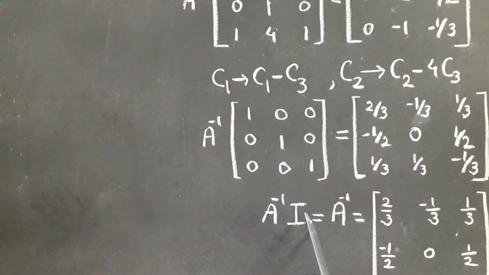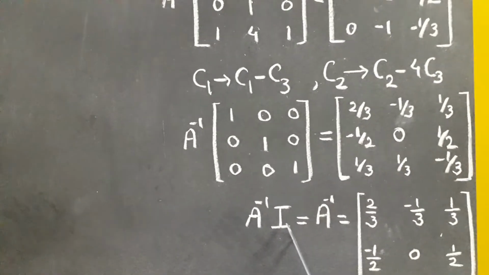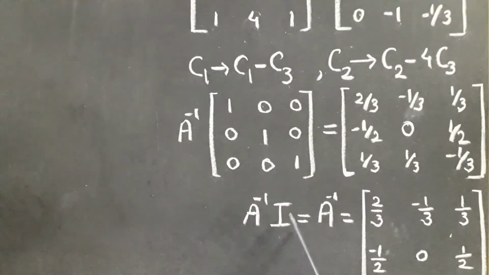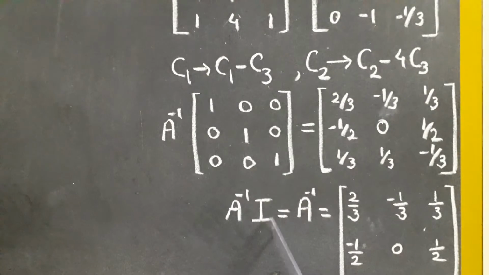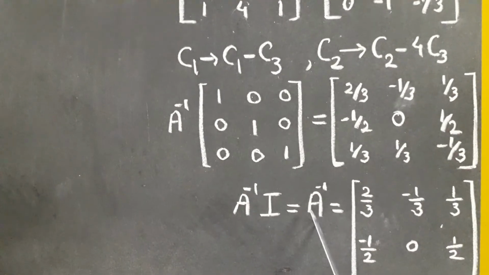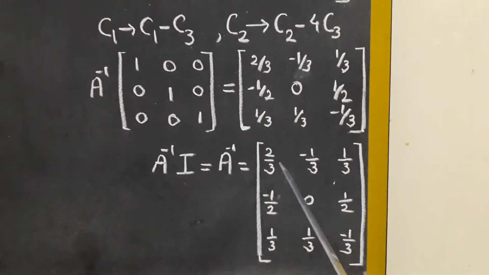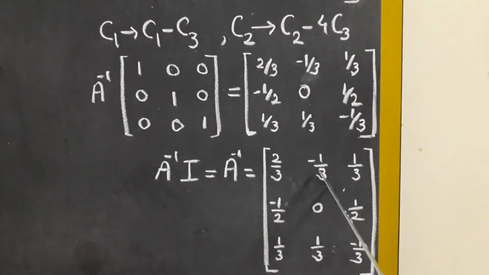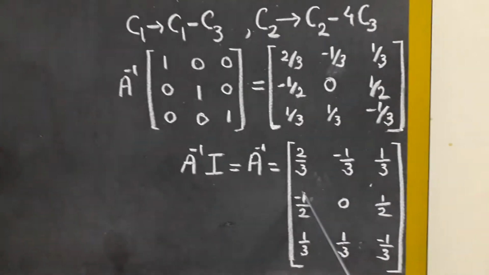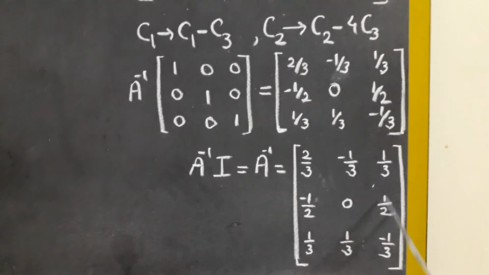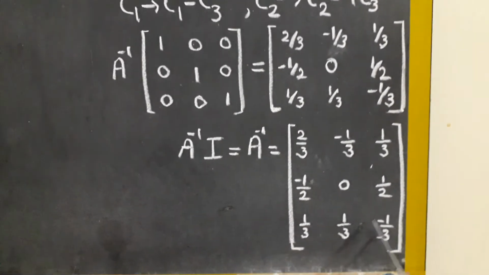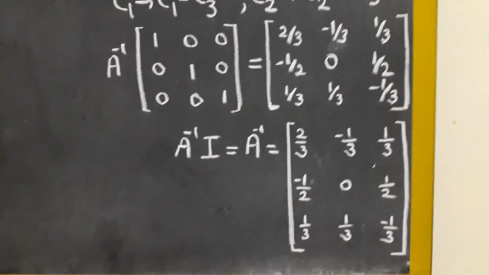We write it as it is. Any matrix multiplied by the identity matrix, the unit matrix, gives you the same thing, and hence A inverse you get as 2 by 3, minus 1 by 3, 1 by 3, minus 1 by 2, 0, 1 by 2, 1 by 3, 1 by 3, minus 1 by 3.